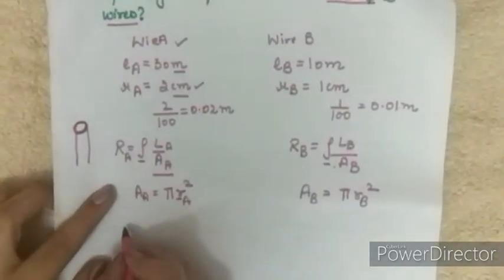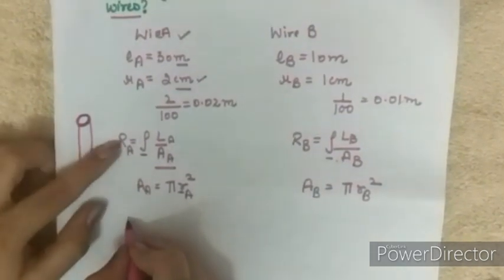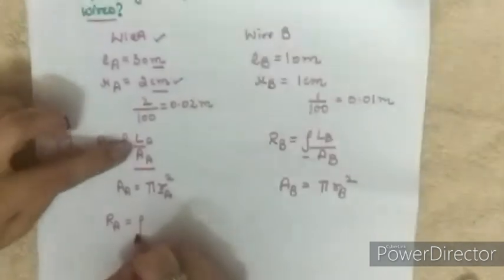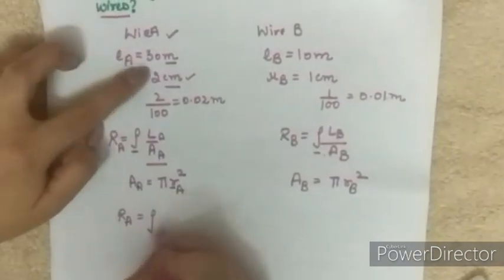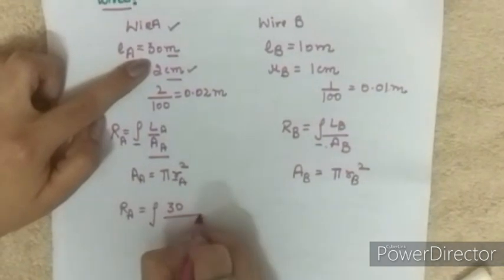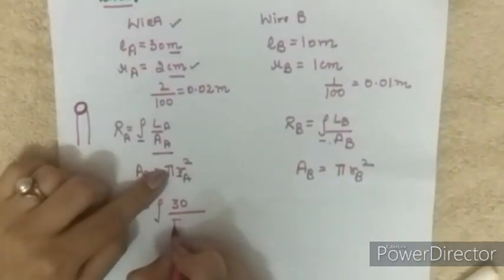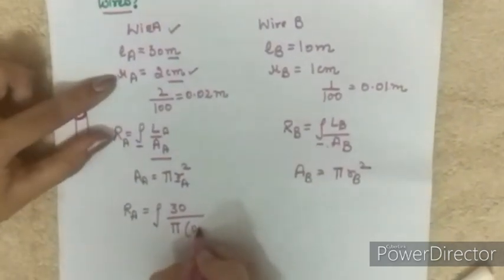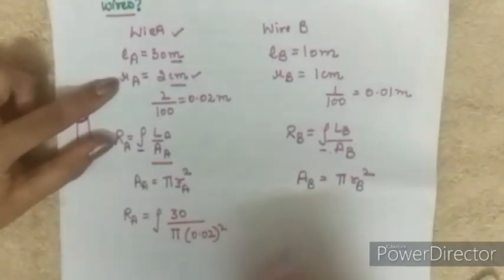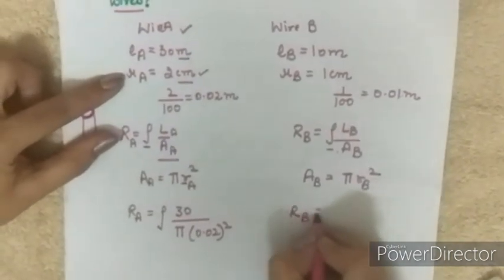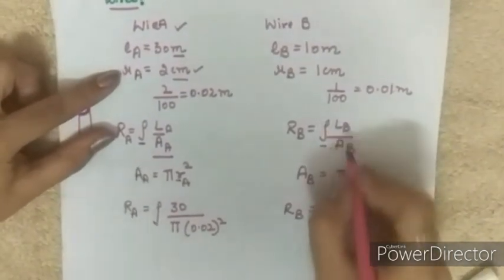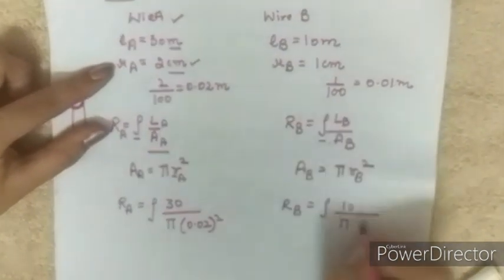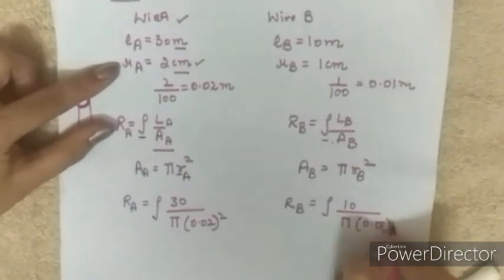So now substitute the values. RA is equal to rho, the length of wire A is 30, area is pi rA square, rA is 0.02 whole square. Similarly with wire B, rho, the length of wire B is 10 and area is pi rB square, rB is 0.01 square.